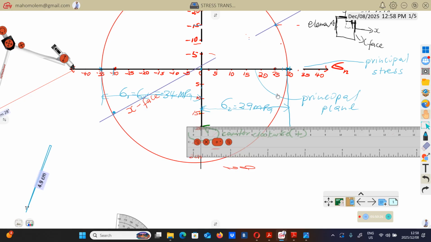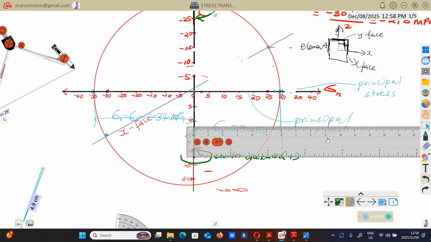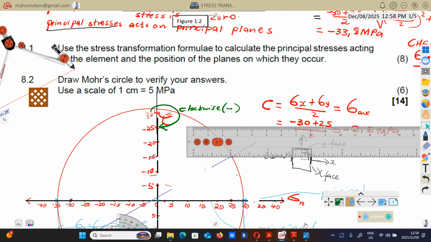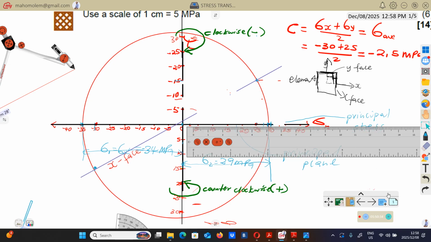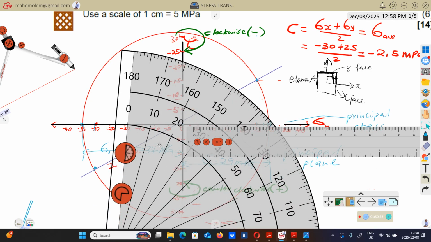From here, now we have to verify the angles. We have to check if you are getting the same angles. So you bring a protractor.